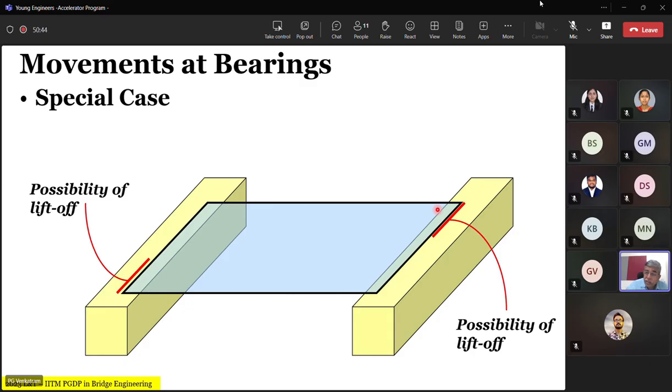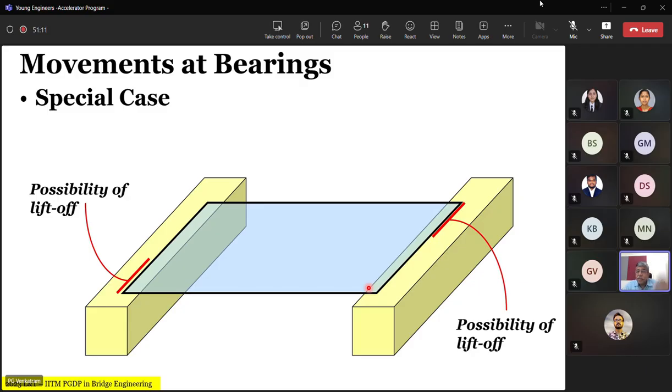Now, when you have a skew bridge, remember one thing: just because it is of this nature, it cannot become a skew deck per se. It depends upon the ratio of this span to this width. That is a parameter which is slab behavior.